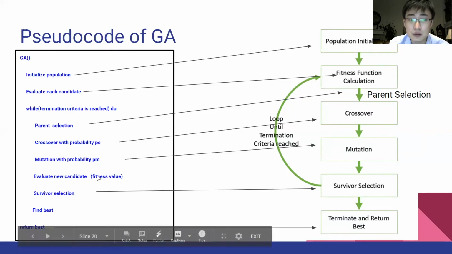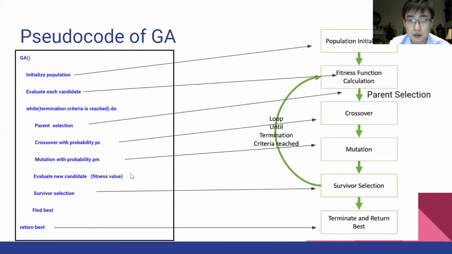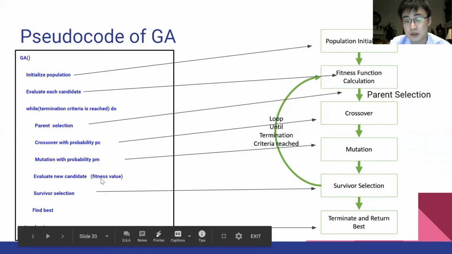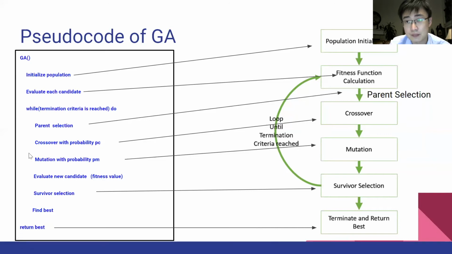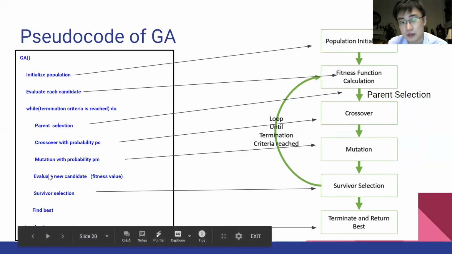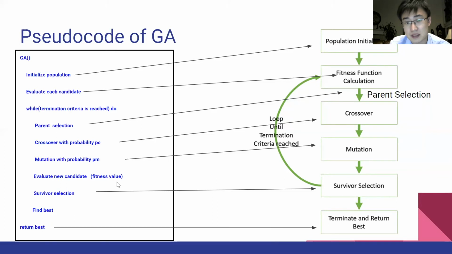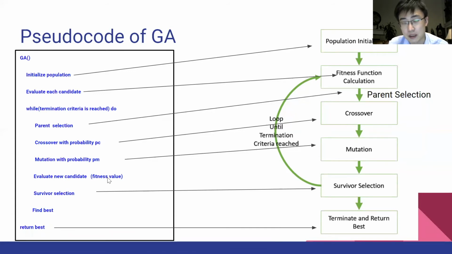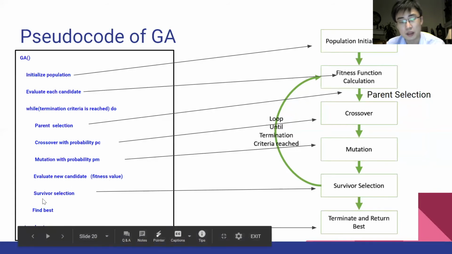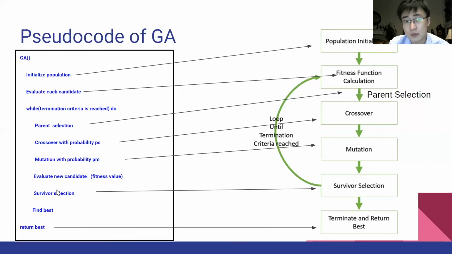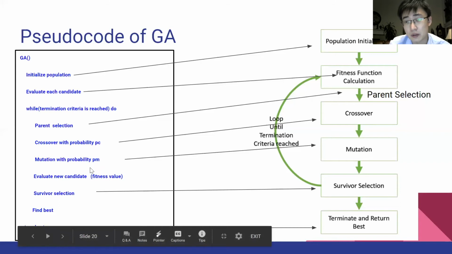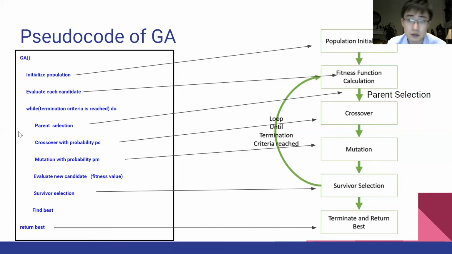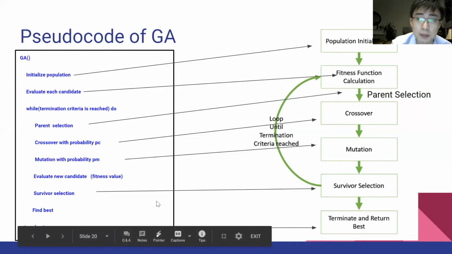And then for the new offspring, we have to do the fitness function calculation again to generate their fitness values. We need to compare those new offspring to the old parents based on the fitness value to determine which one will be kicked out and which one will be kept, which is the survivor selection. When we hit the termination condition, we end the while loop and return the best value.